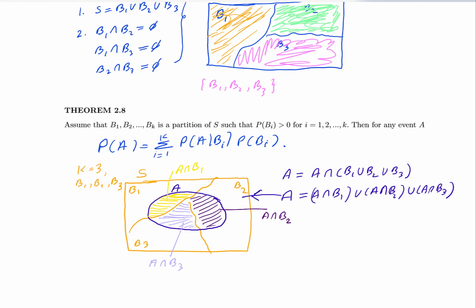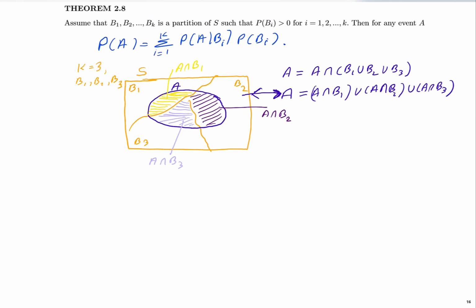You can understand that this whole set A equals A intersection B1, the yellow part, and then A intersection B2, and the last one, A intersection B3. You see that. Now, how do we get the probability of A? Let me write down here: probability of A equals probability of A intersection B1 union A intersection B2 union A intersection B3.